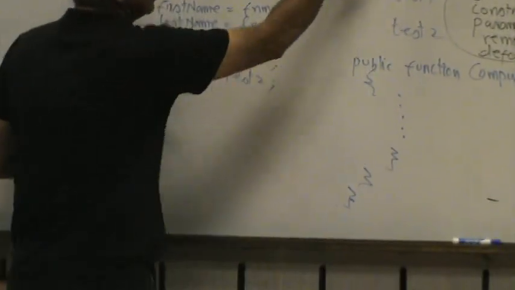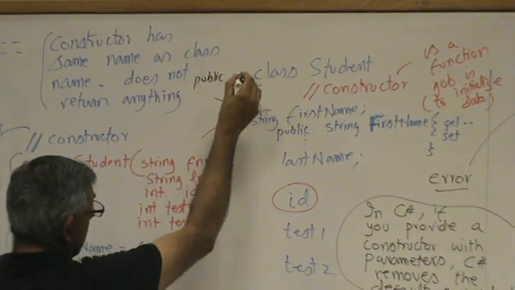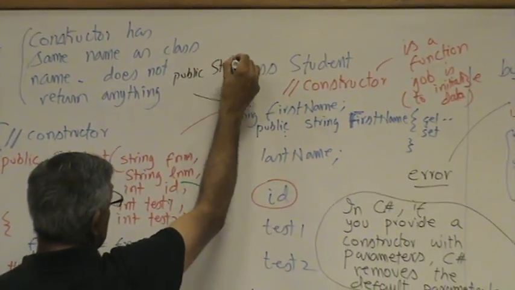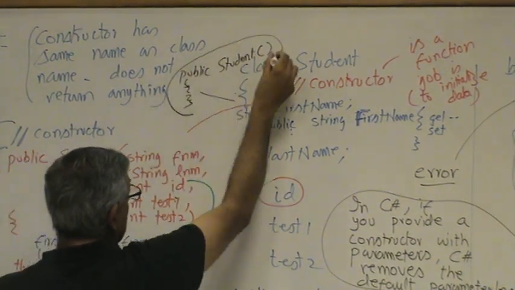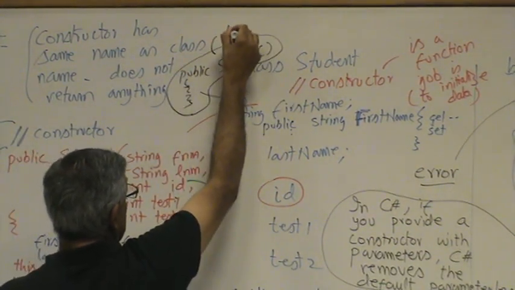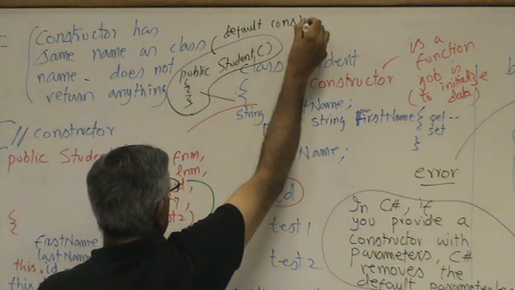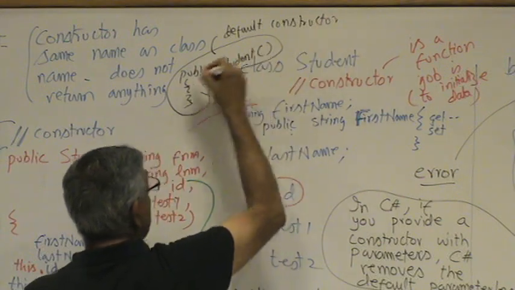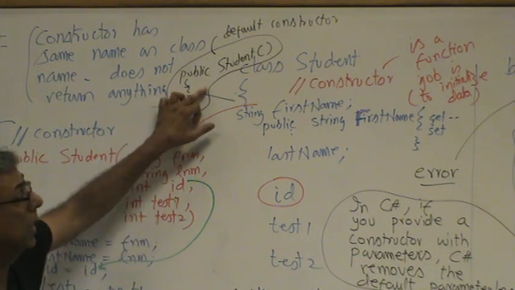Because C# by default inside the class will have a constructor which will look something like this: public student, begin curly, end curly. So this is called the default constructor. This is automatically there even though we don't see it. As soon as we create a class, if we do not write a constructor, this is already there.